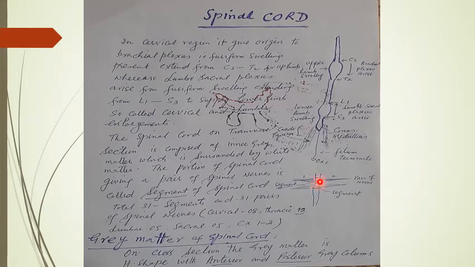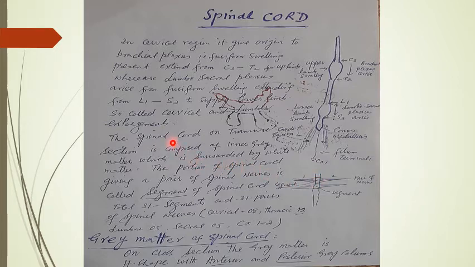You draw this imaginary line, and a similar imaginary line above, and that becomes a portion of the spinal cord which gives a pair of spinal nerves. The name given is segment of spinal cord. There are 31 segments of spinal cord.